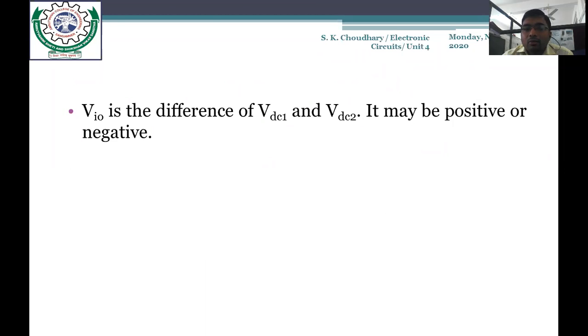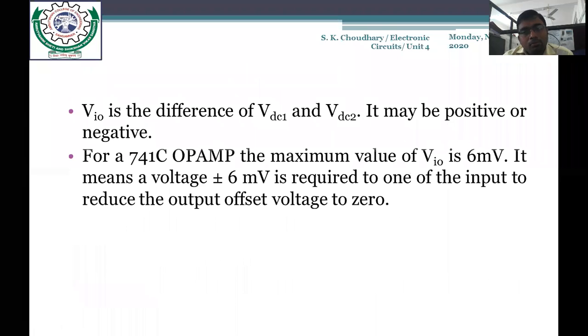So VIO is what? It is the difference of VDC1 and VDC2. And remember that this input offset voltage could be positive, could be negative. Now we have to take a reference IC op-amp, that is 741, and see what is the value of this parameter.